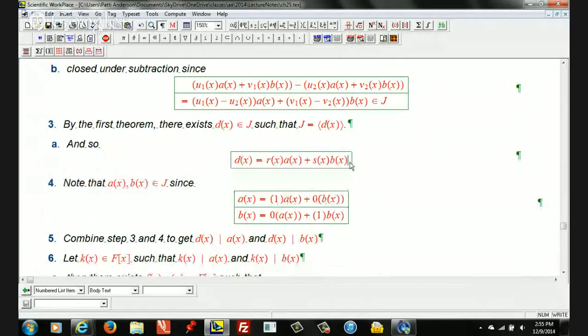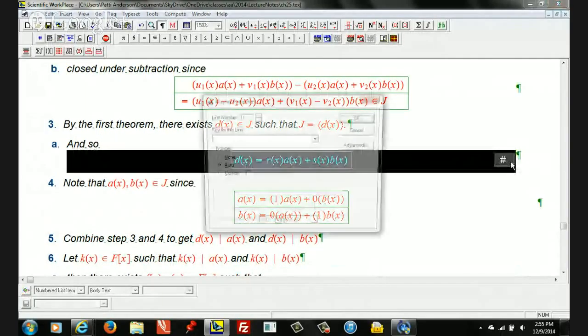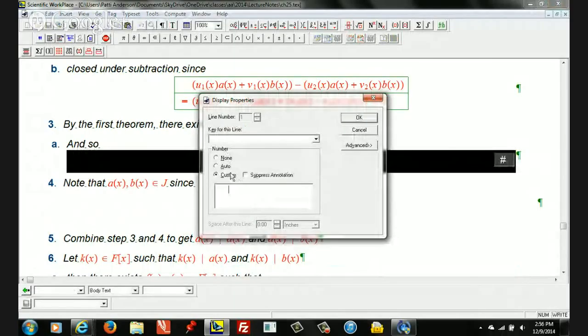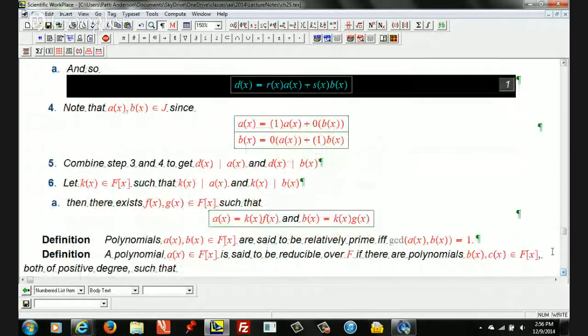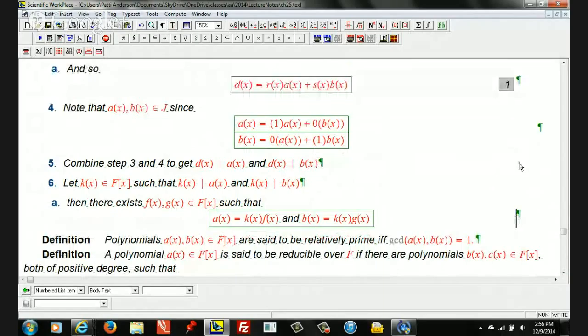And let me label this. I'm not actually compiling it, but I want to see it right now for you to know what it is.